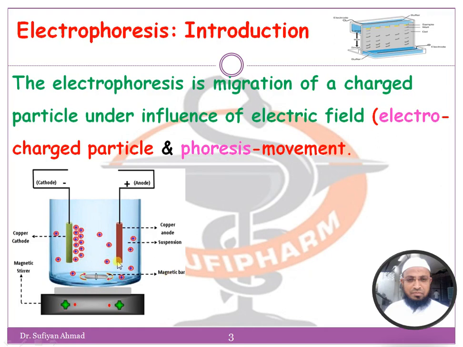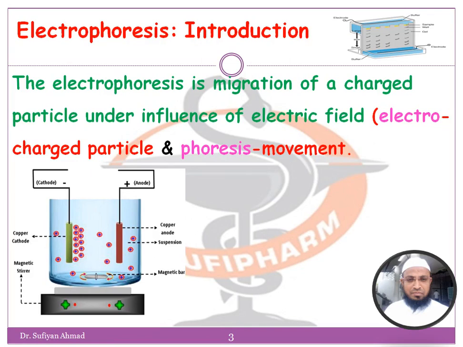Many important biological molecules such as amino acids, peptides, proteins, nucleotides, and nucleic acids possess ionizable groups, and therefore at any given pH, under the influence of an electric field, these charged particles will migrate either to the cathode or anode depending on the nature of their net charge. This is one of the most fundamental processes used in all types of molecular biology.